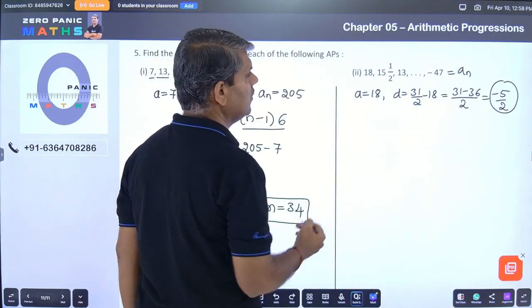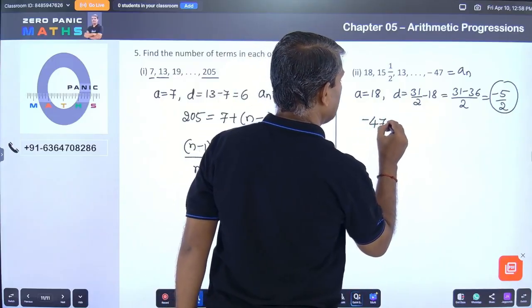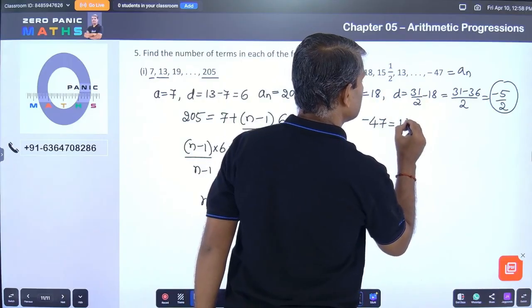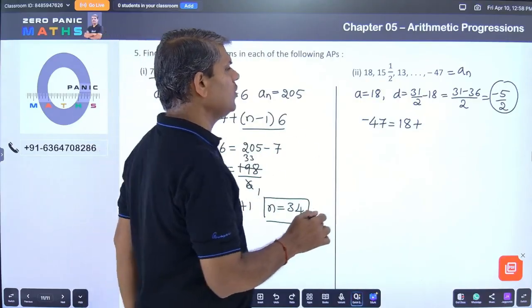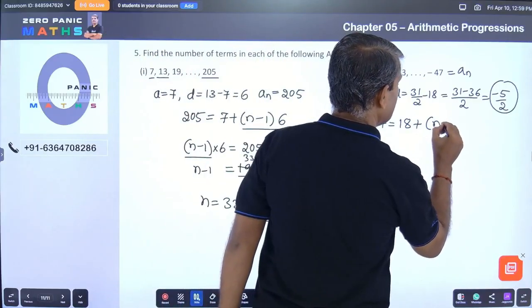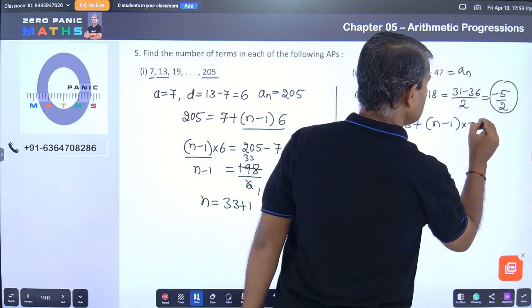You write it yourself. Let me start with an is equal to a plus, that is 18. Just go on substituting the values, don't think about anything. So it is (n minus 1) times minus 5 by 2.